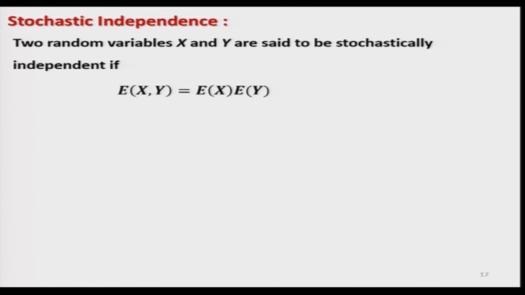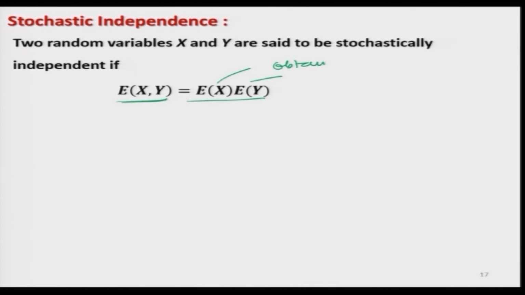Similar definition can also be given in terms of the expectation of the random variables. So, two random variables x and y are said to be stochastically independent if the expected value of x y is equal to the expected value of x into the expected value of y. So, what you have to do? You have to just find out the joint expectation, and then you have to find out the expectations which are obtained from the marginal distributions.